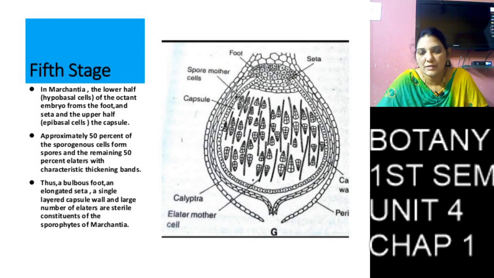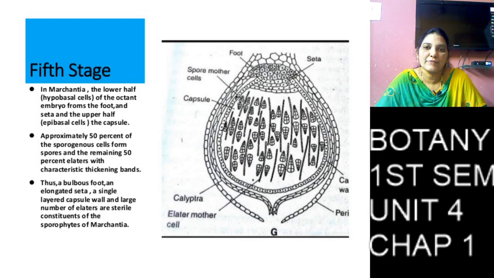Here we can see the picture: a very well developed foot, the seta in vertical rows, the young seta with very short thin cells, and the mature sporophyte with a long elongated structure. The seta pushes out through the calyptra and pseudoperianth leaves.